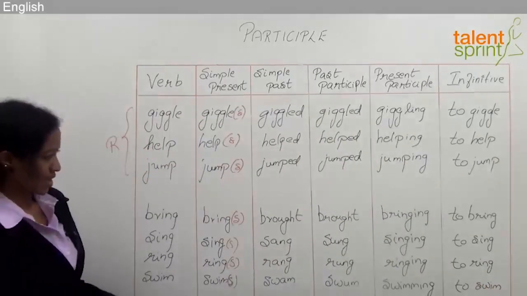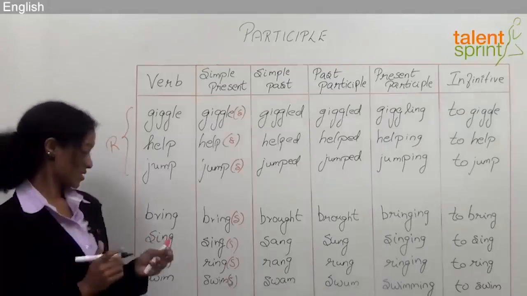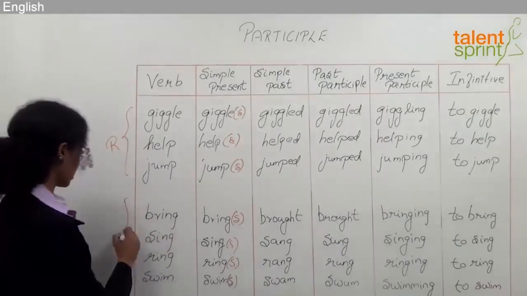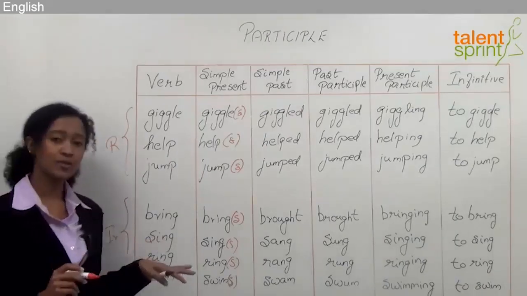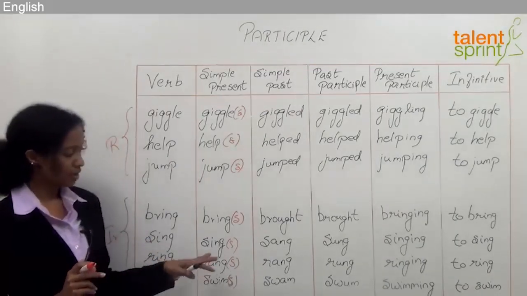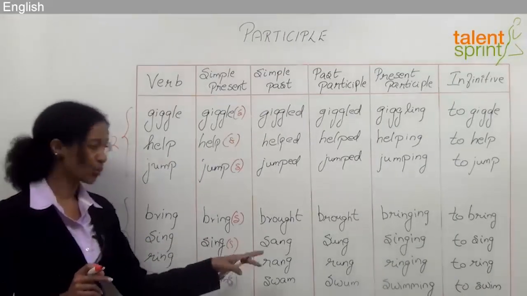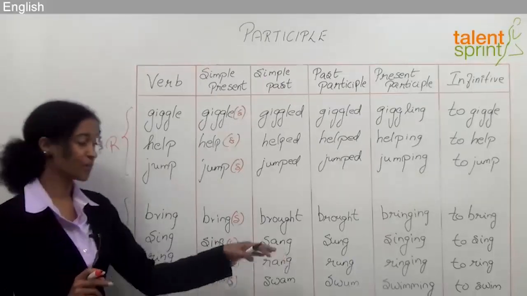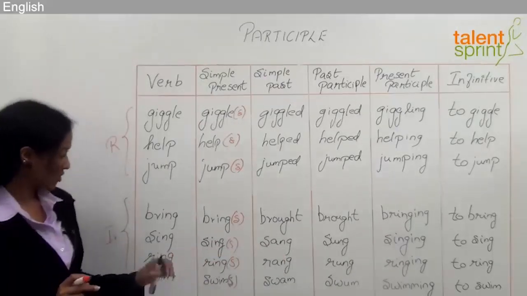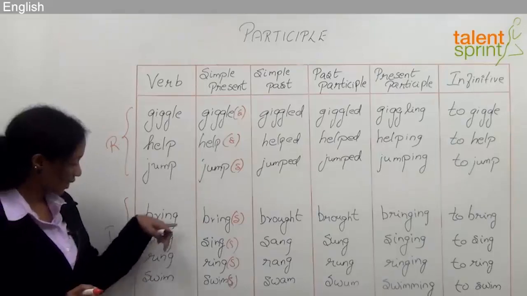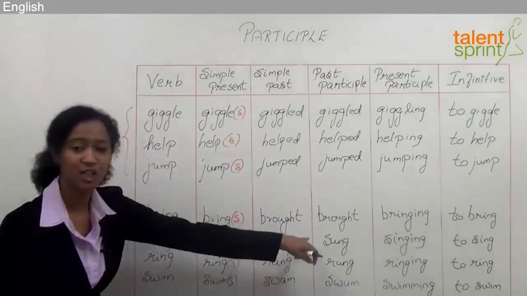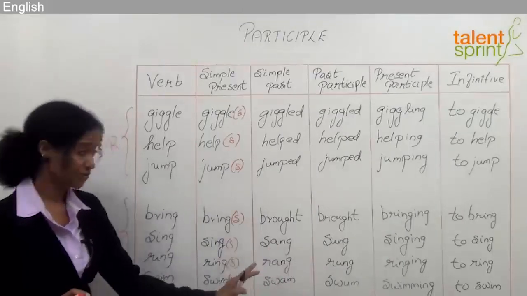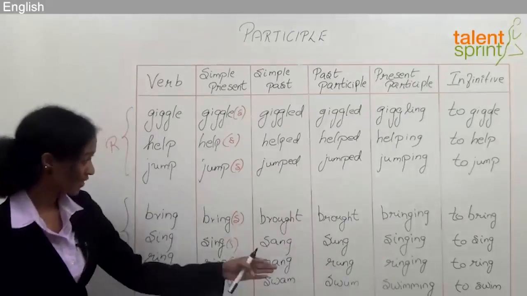Okay? So if you notice, now these are my irregular verbs. The irregular verbs have substantial change when the forms of the tenses change, right? If you notice, bring and ring, though the last three letters end in -ing, if I look at the past participle form, it completely looks different. Brought and rung.